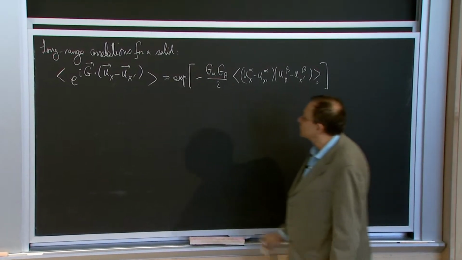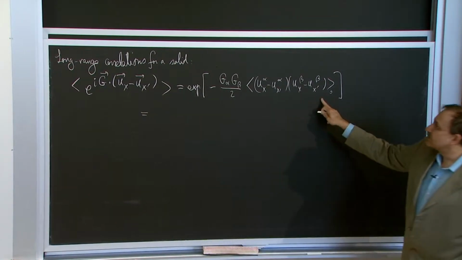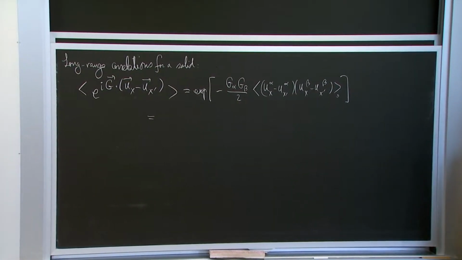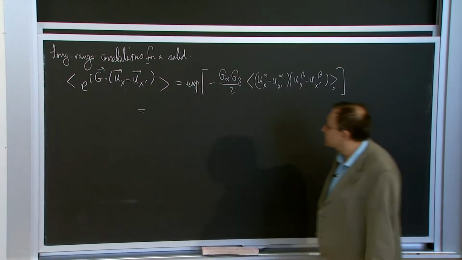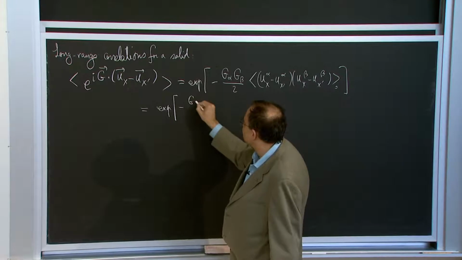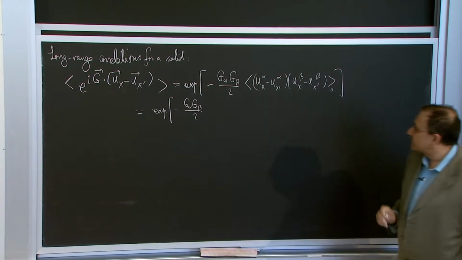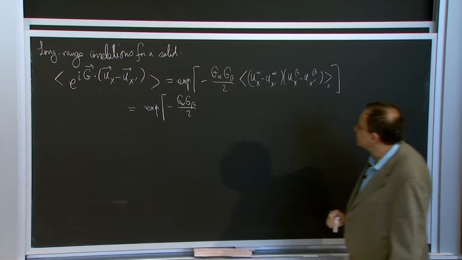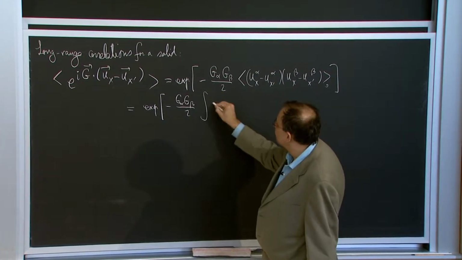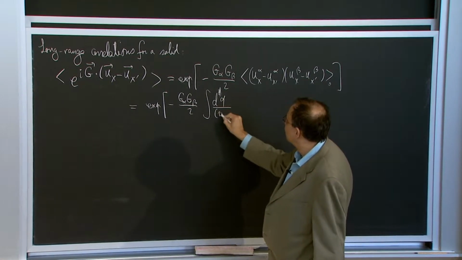So once more, what we can do is write these u's in terms of their Fourier vectors. So what I will have is exponential minus g alpha g beta over 2, and I will need to integrate over q's.